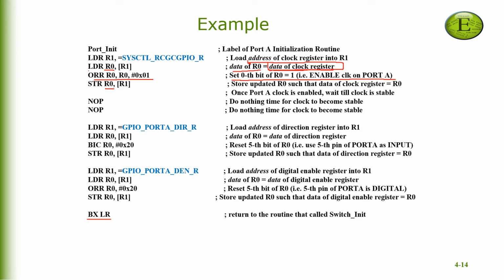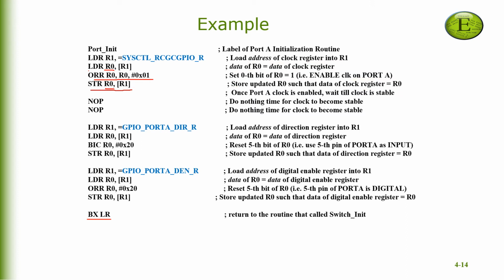We invoke the store instruction, write back the updated value of R0, in which the least significant bit has been set equal to 1. That is going to update the contents of the clock register. Once the contents of the clock register are updated, the least significant bit is 1, which enables the clock on port A.